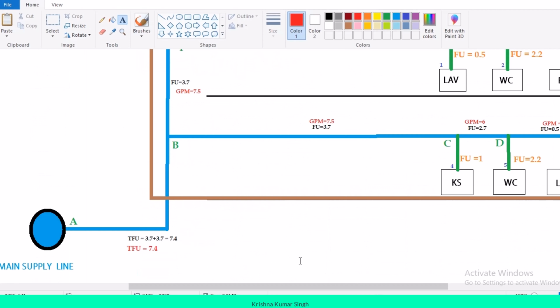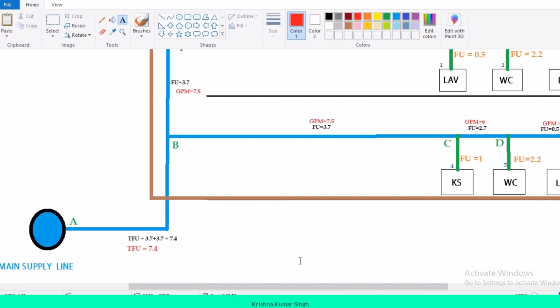Like if you sum 6.8 and 3, there will be 9.8 GPM over here, but that is not true. You have to find the fixture unit. You can add these fixture units and find this fixture unit, and then individually you have to convert into GPMs.